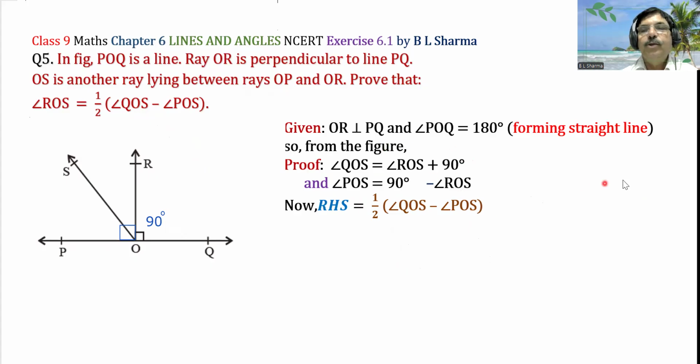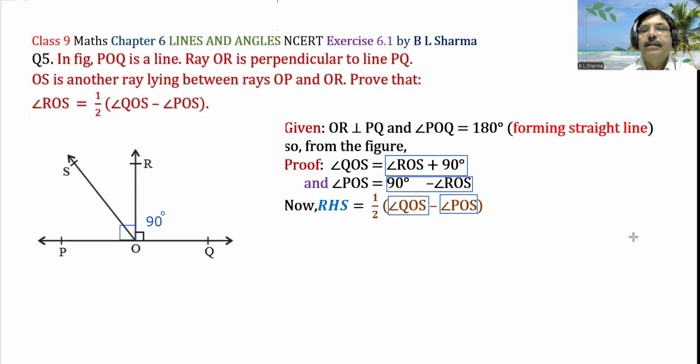In place of angle QOS, write angle ROS plus 90 degree in place of this. And in place of angle POS, write 90 minus ROS. यहाँ पे 90 minus ROS लिखिएगा.